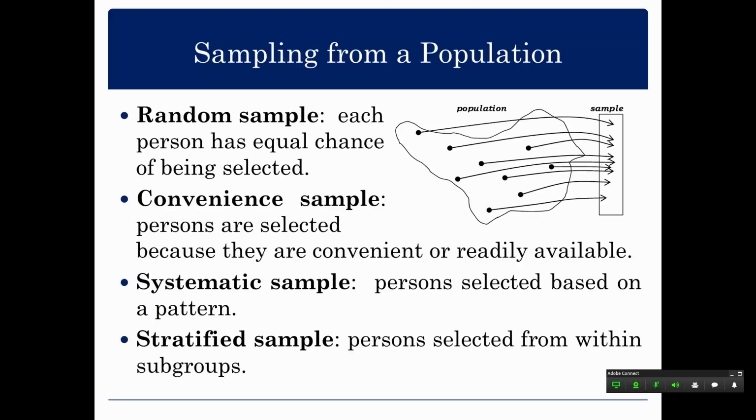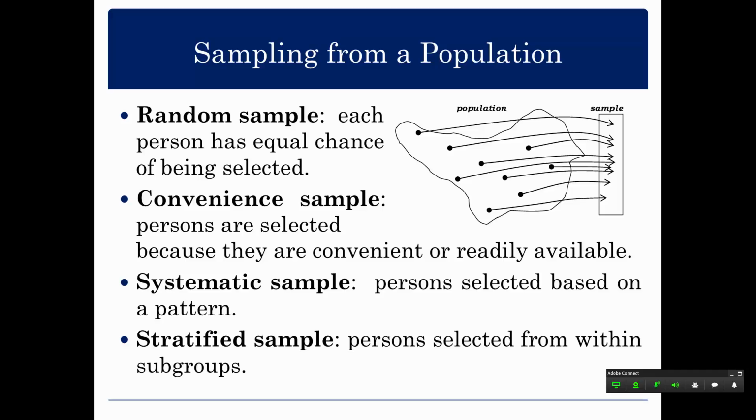When you're randomly sampling from a population, of course, you have to have your criteria well defined. There are different ways of sampling from a population. The preferred sampling technique is what's called a random sampling technique, where if you have a population that you're sampling from, every individual in that population has an equal chance of being selected.